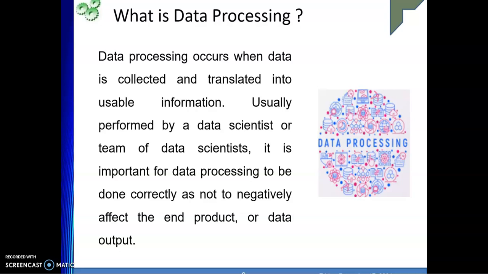If you are not able to understand exactly how the data has to be processed, and in which particular way, then whatever product we are making, we may not successfully get it, or the desired output we are looking for, we may not get. So data processing plays a very important role, so we need to process this data correctly.